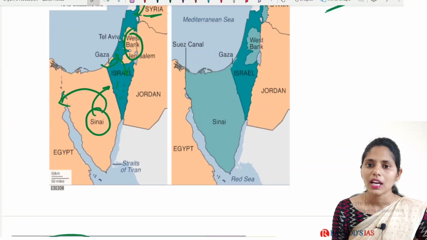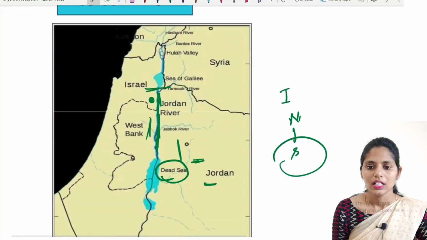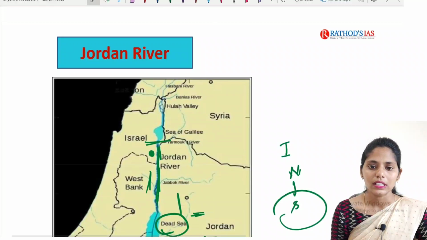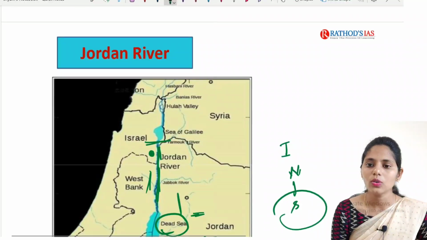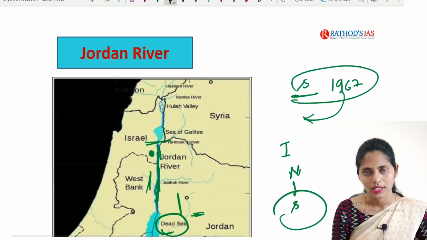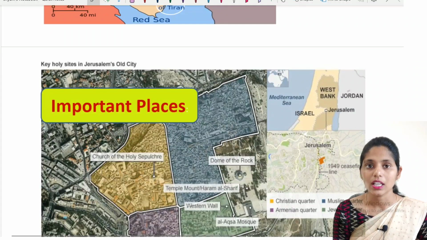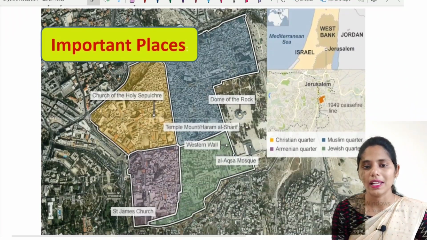Okay, and one more thing I want to say here is, here that is the Golan Heights. So earlier the Golan Heights was part of Syria, but in this 1967 war, the Golan Heights was occupied by Israel.